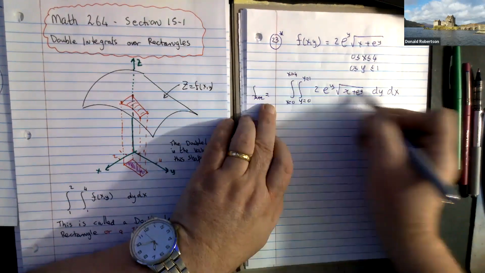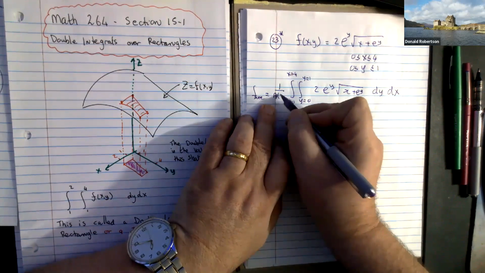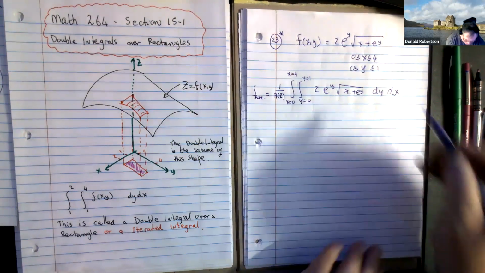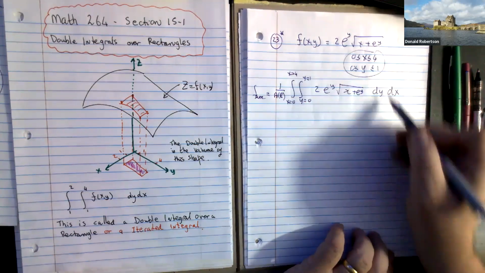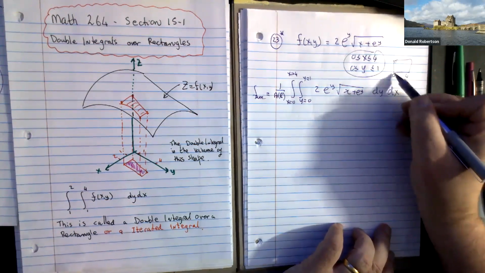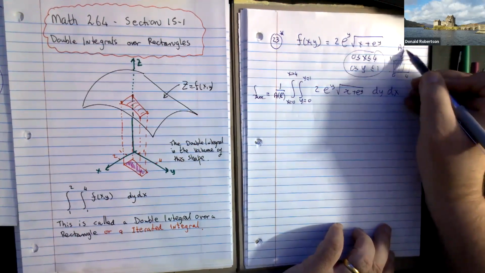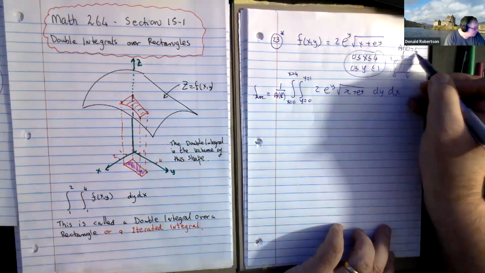Well, it's this integral, 1 over the area of the region R. Now, this is the region R. If you draw a little rectangle guy, can you see it's 0 to 4 and 0 to 1? And would you agree that the area of R is 4?